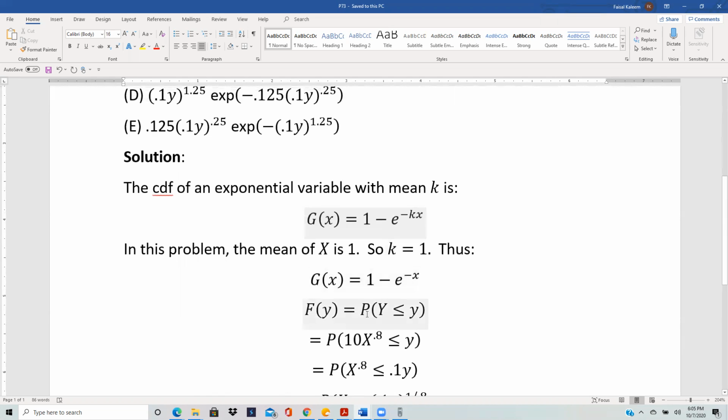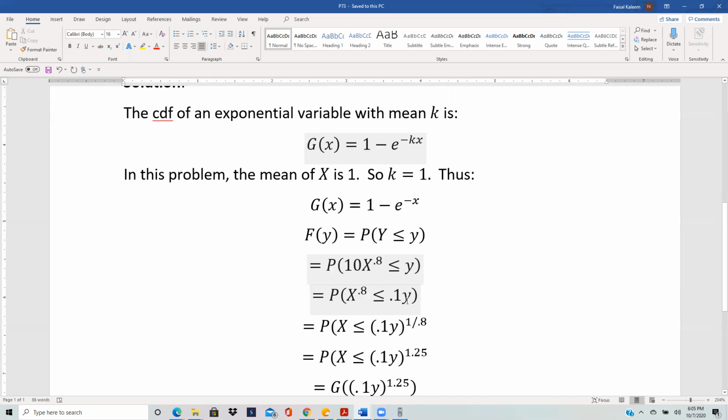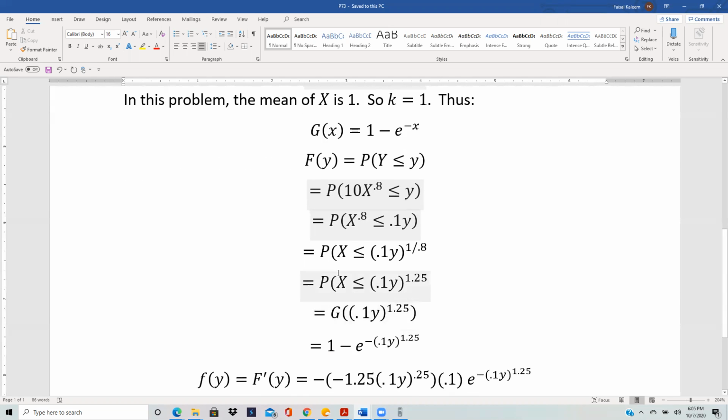The big F of y is the probability that big Y is less than or equal to little y, and big Y is 10X^0.8, that's given. So that's less than or equal to little y, and then you divide by 10, you get 0.1y, and then you raise both sides to the power 1 over 0.8, and 1 over 0.8 is 1.25.